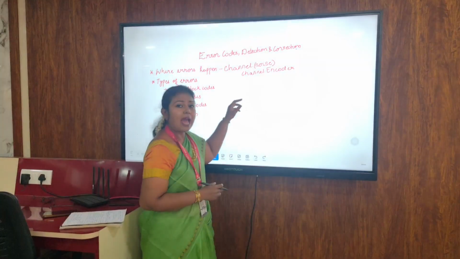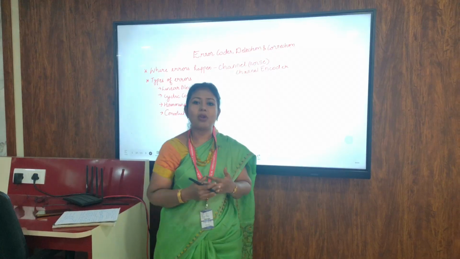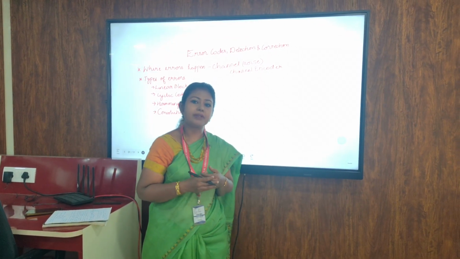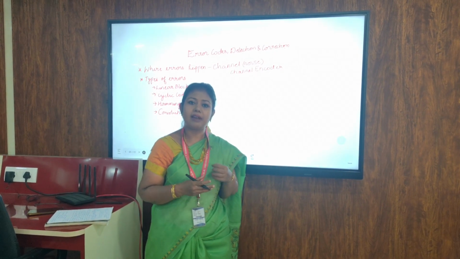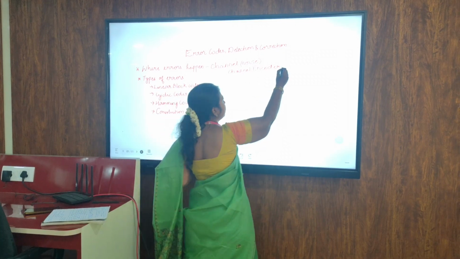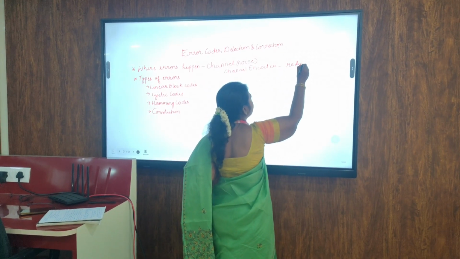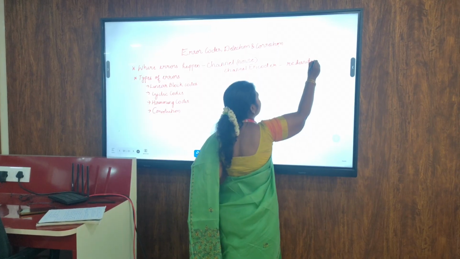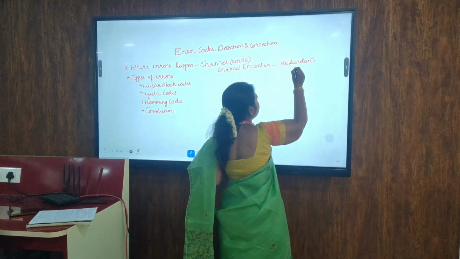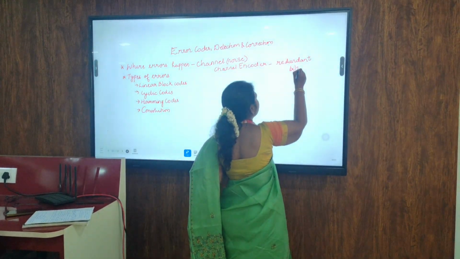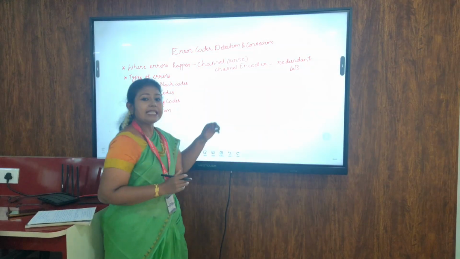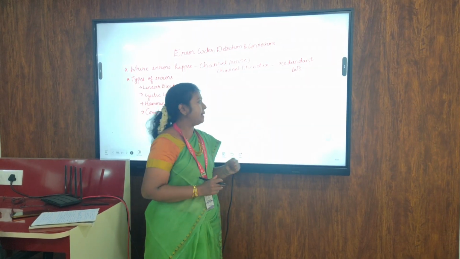The channel encoder adds some extra bits called redundant bits, which help the receiver to detect the errors and correct them. These extra bits are called redundant bits.